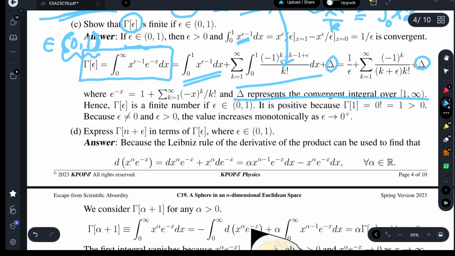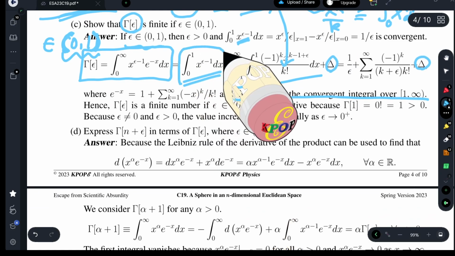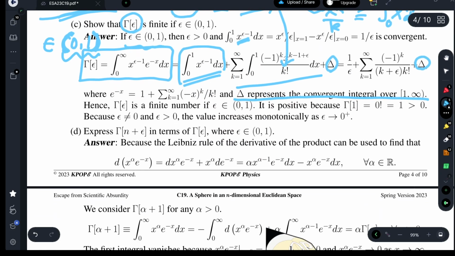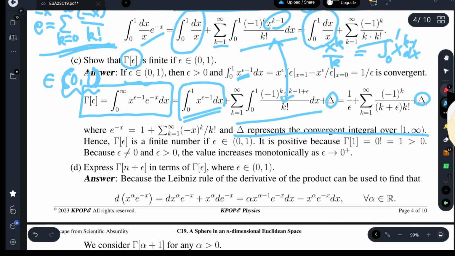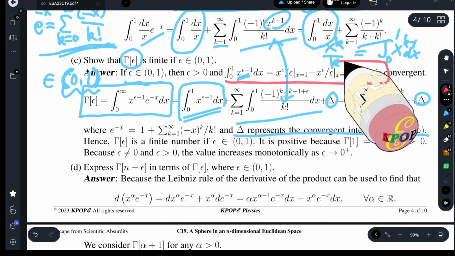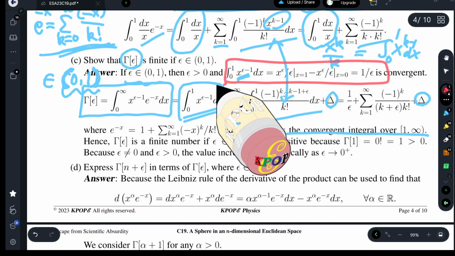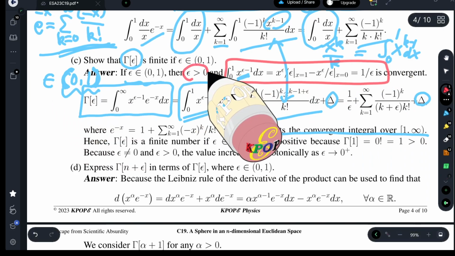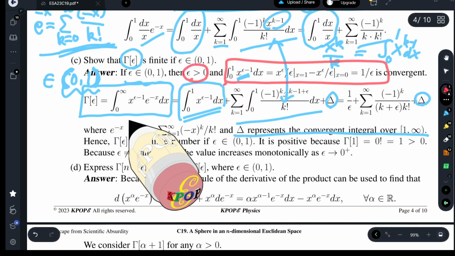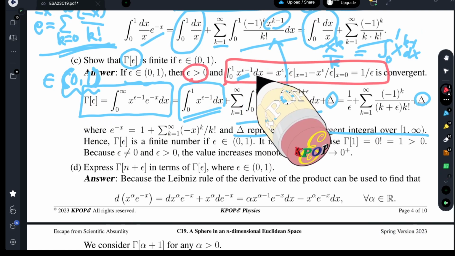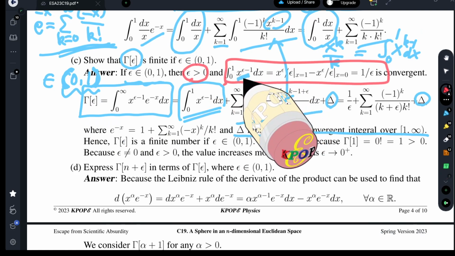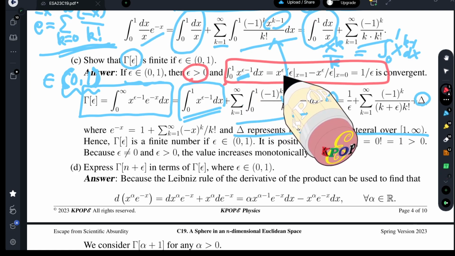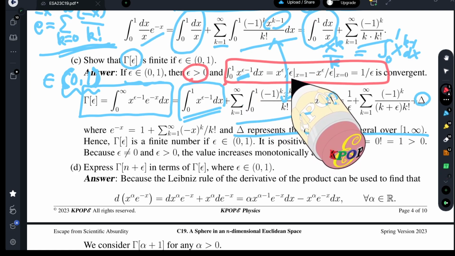All right. So we are interested in this integral, and it can be evaluated in this manner. Let's see. If epsilon is positive, then we can find the indefinite integral, that is x to the epsilon divided by epsilon.